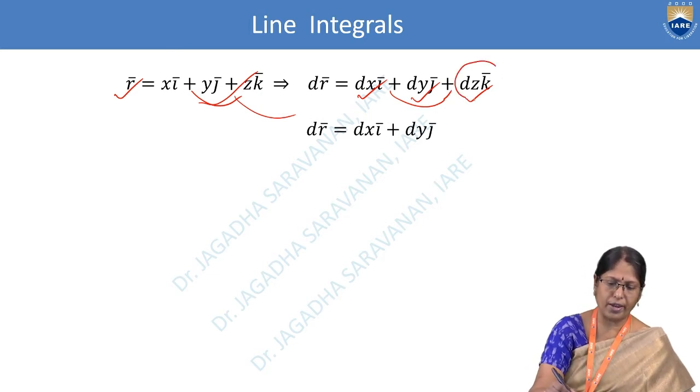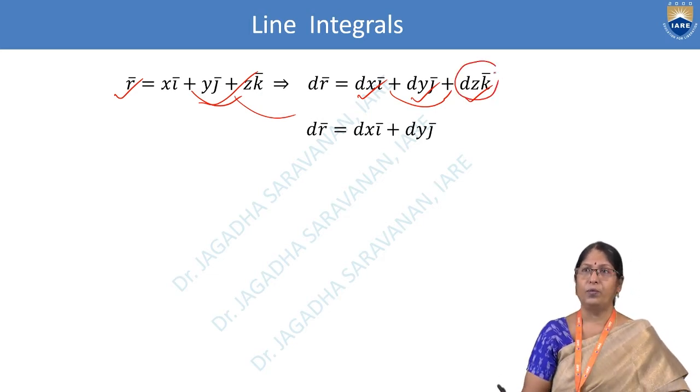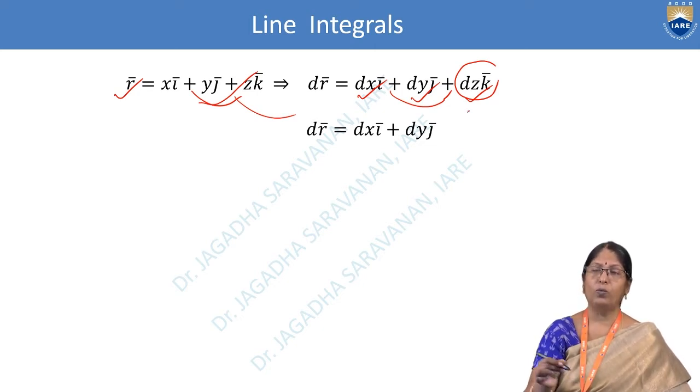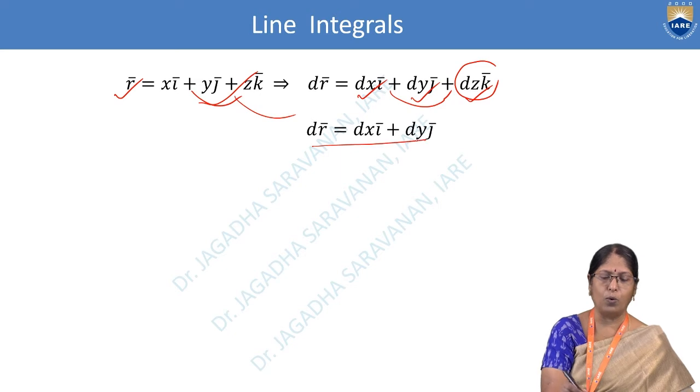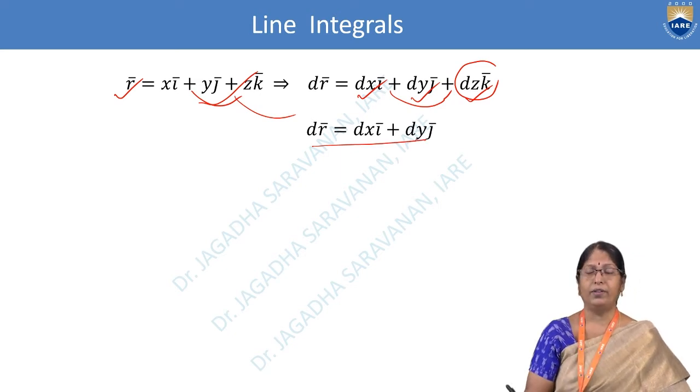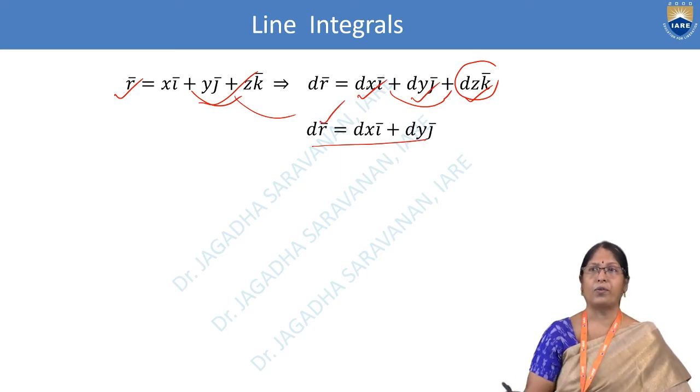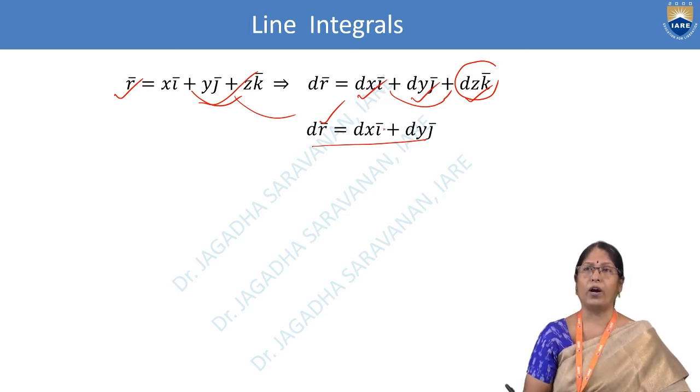Here we are not taking dz, we are neglecting it as it is the xy plane. In this particular problem there is no third dimension. Strictly, now dr, the differentiation of r vector, equals dx i plus dy j.